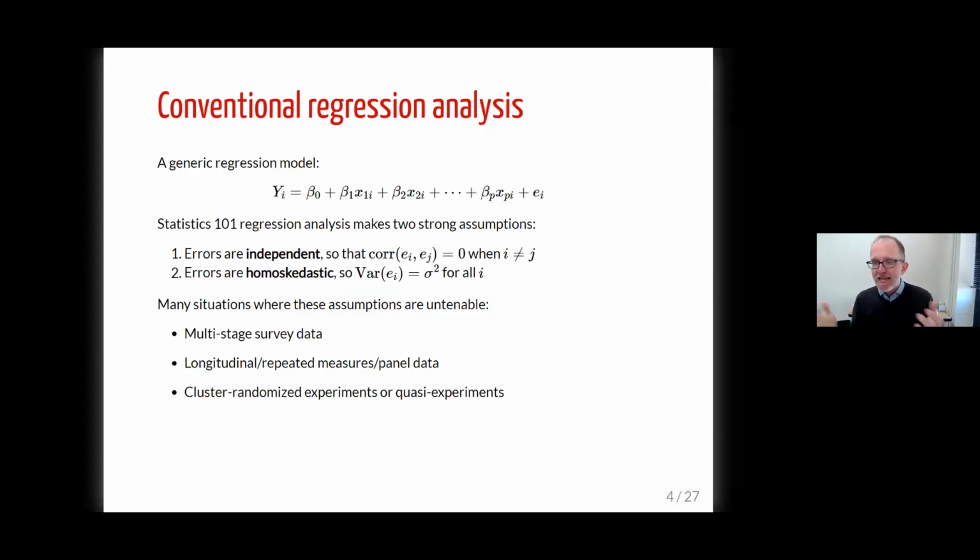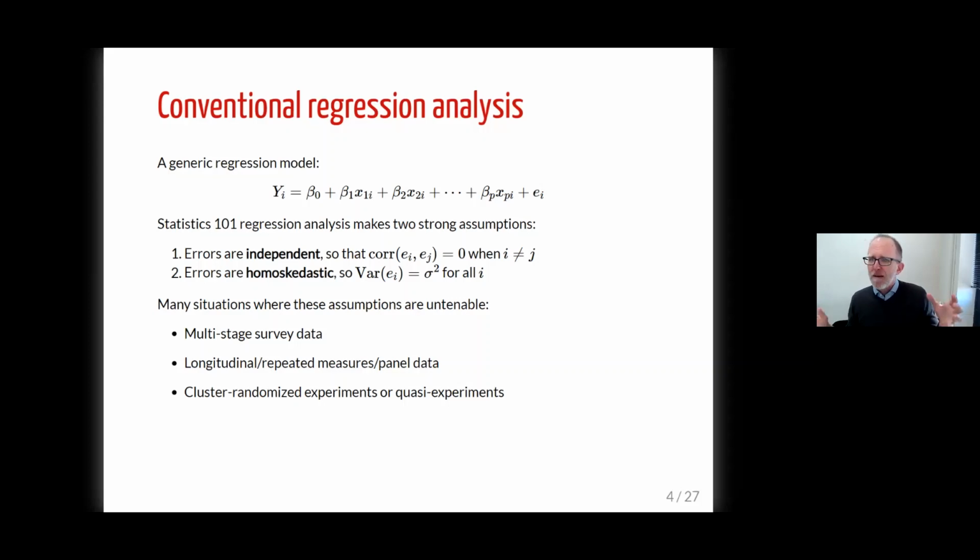Like in education, we do cluster randomized trials where whole schools are assigned to one experimental condition and a whole set of other schools are assigned to a control condition, and the outcomes are measured on the individual students within those schools. So these are just a couple of examples. There are probably hundreds of other use cases where the independence and homoscedasticity assumptions are not really going to be reasonable for a regression analysis.